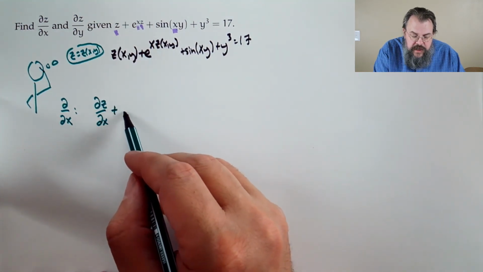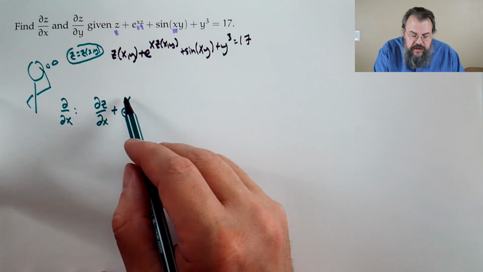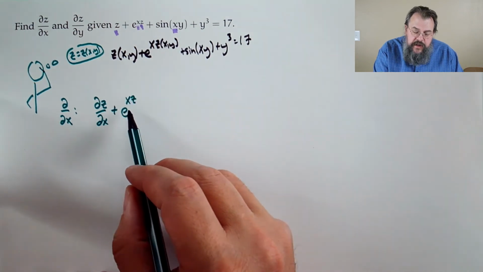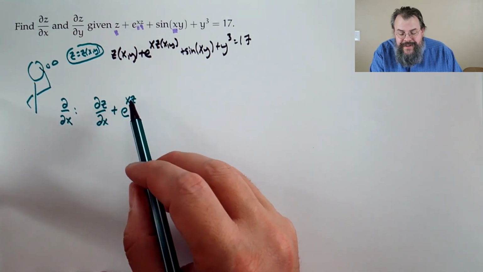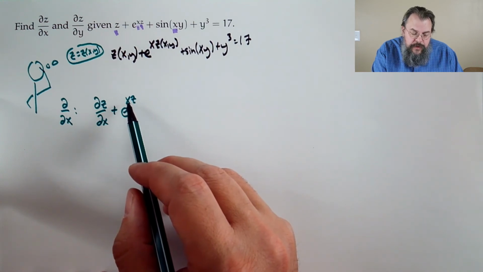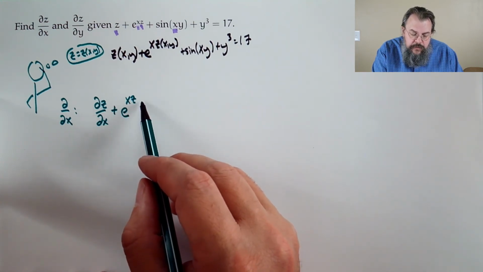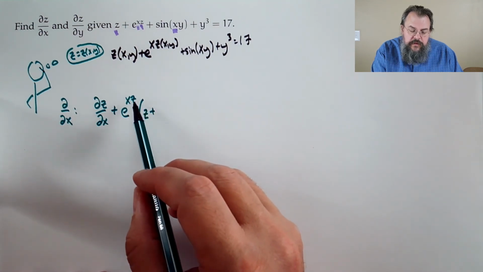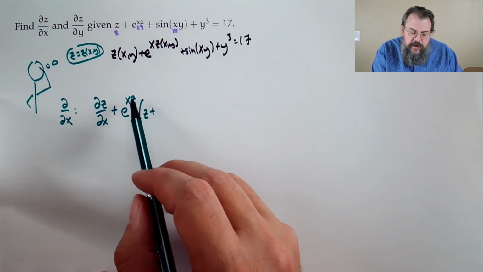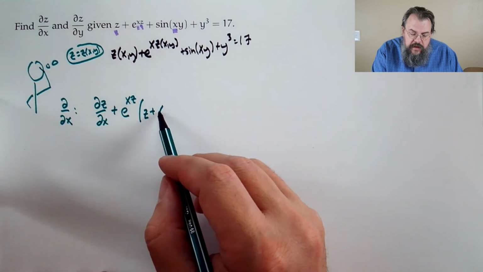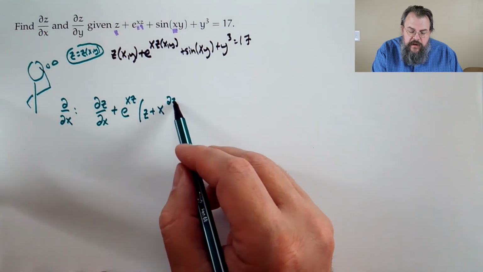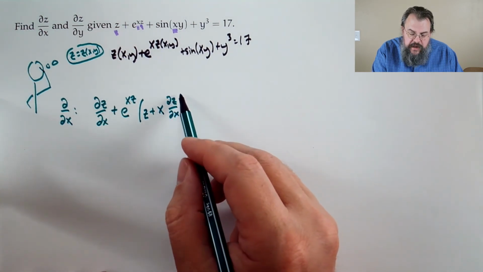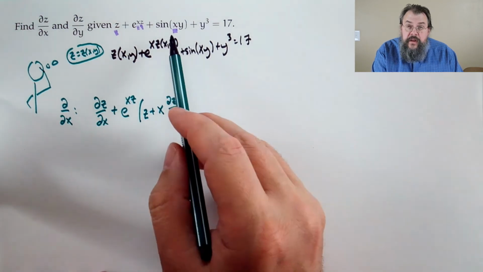So the derivative of the outside is the exponential function, plug the inside in, times the derivative of the inside. Product rule. Derivative of x with respect to x is 1, so that's 1 times z, plus x times the derivative of z with respect to x, partial z, partial x. Good. Go to the next term.